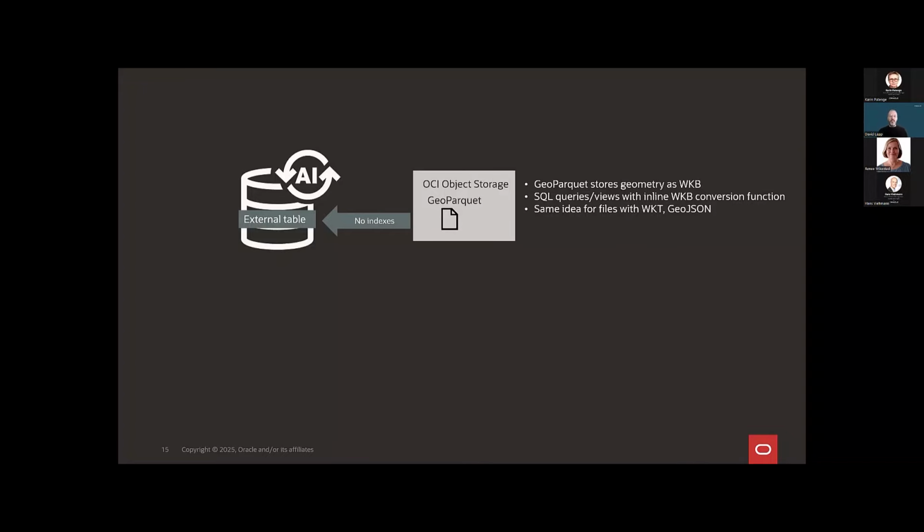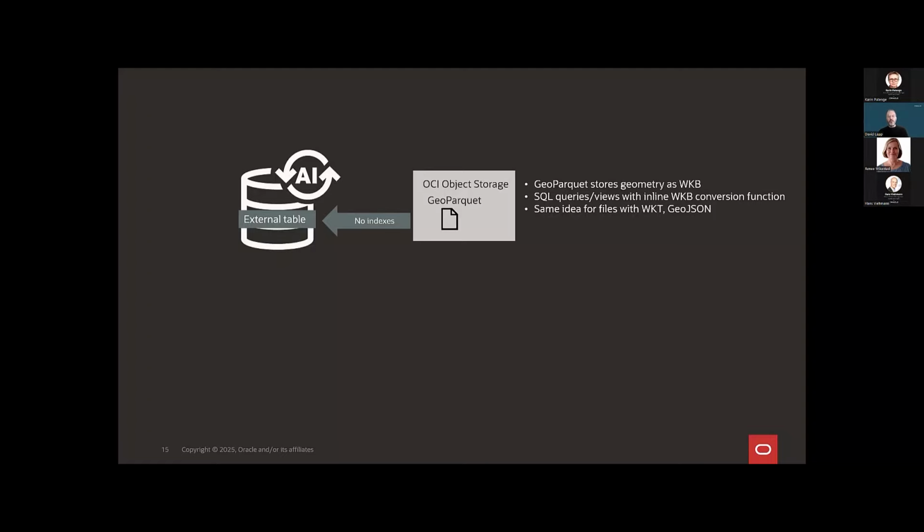Because we can convert the geometry in GeoParquet to our native format, that means that we can write SQL queries that include that on-the-fly conversion, at which point it's presented as an Oracle Spatial geometry. And then we can do whatever we want to do with it within our Oracle AI database engine in Spatial.